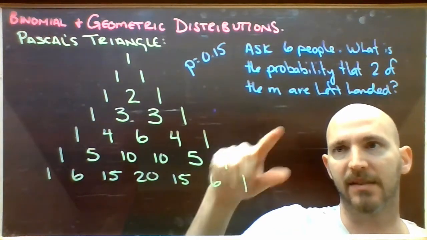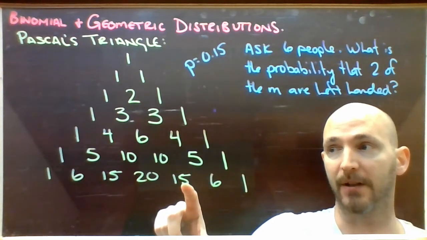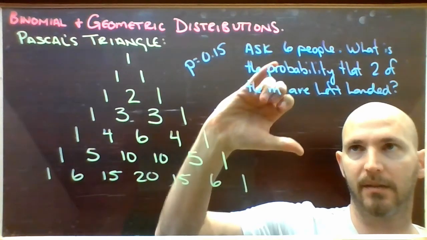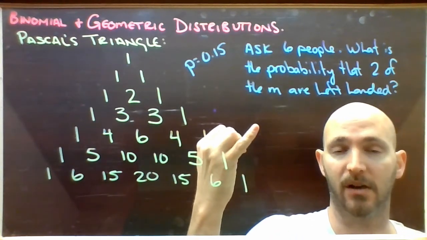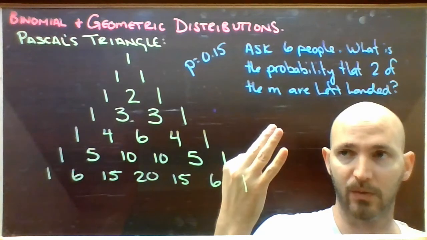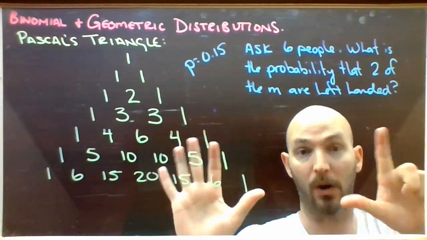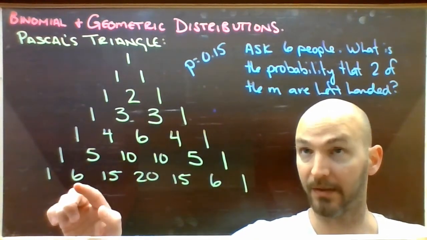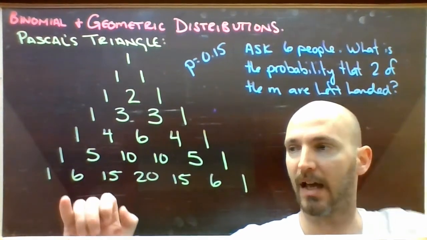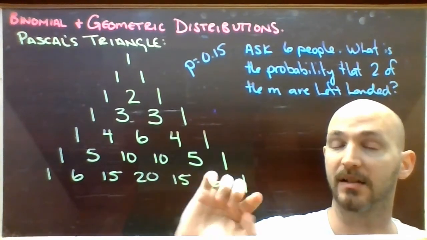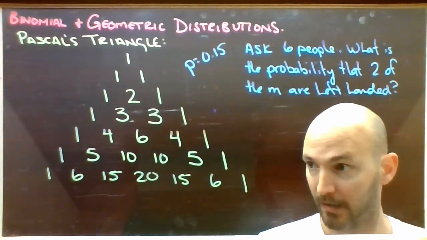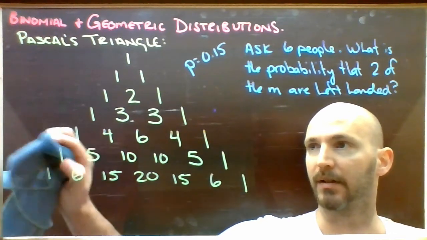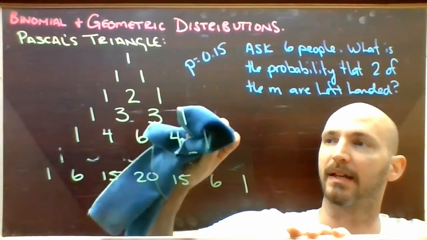So if I were to make this chart for the distribution, I would need to have, well, none of them are left-handed. 1 is left-handed, 2 is left-handed, 3, 4, 5, or all 6 are left-handed. That's 7 rows. Did you notice that this row here with the 6 in it has 1, 2, 3, 4, 5, 6, 7 rows. It's perfect. So if I were to build that chart, I'm going to erase this up here and use the space.